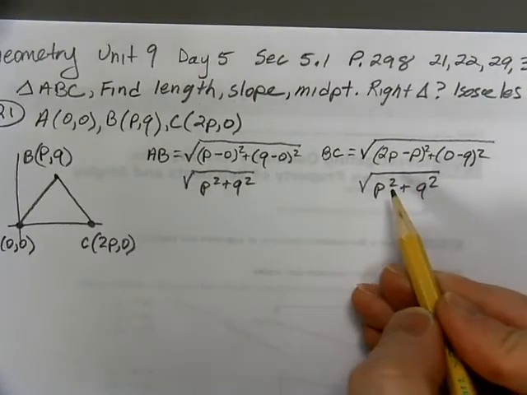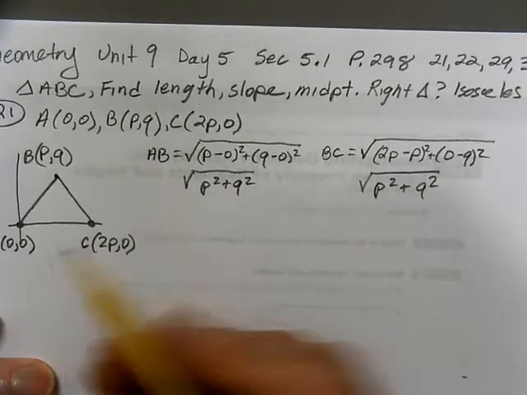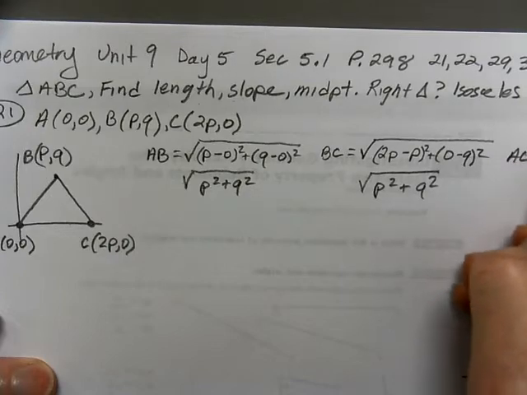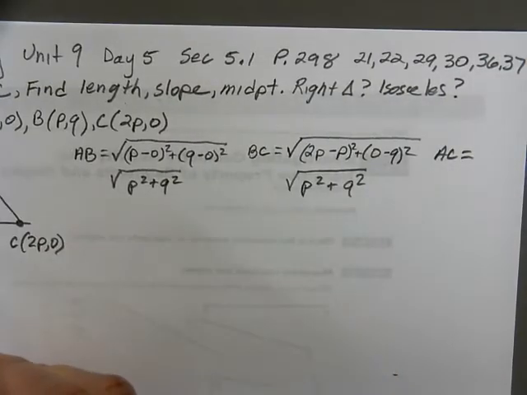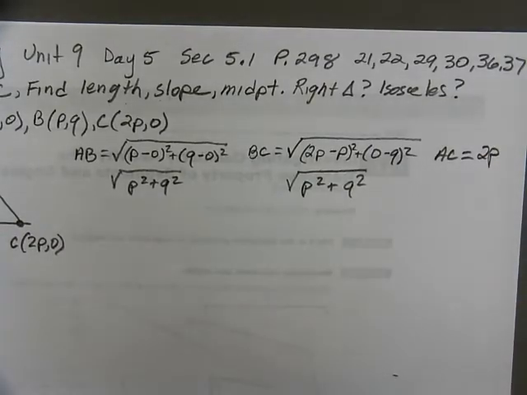So those are the same. And we know that AC is the length of 2p. So we know that that's definitely different.